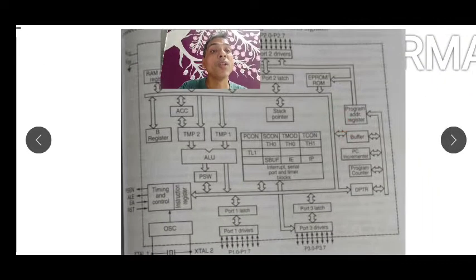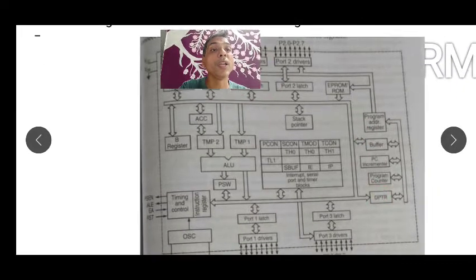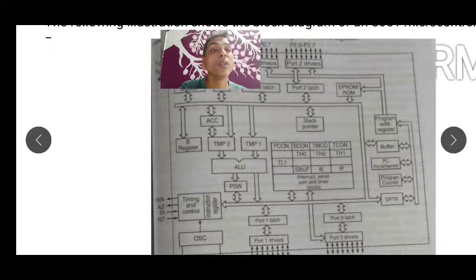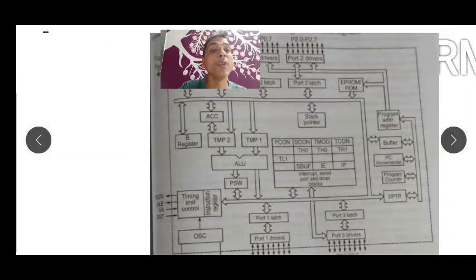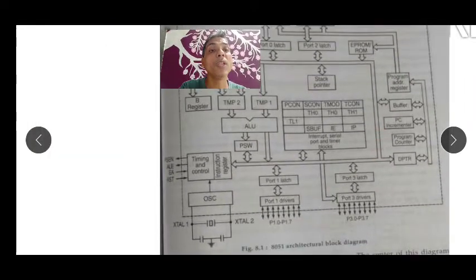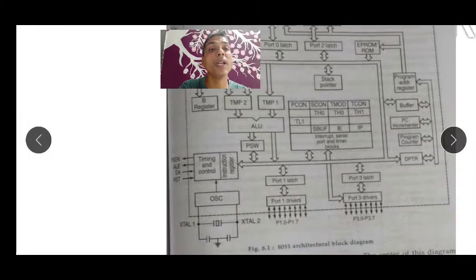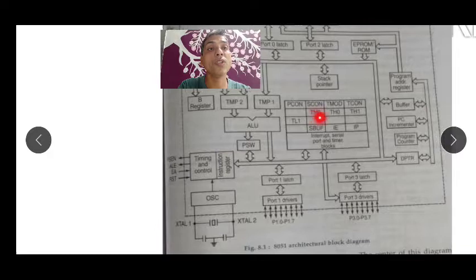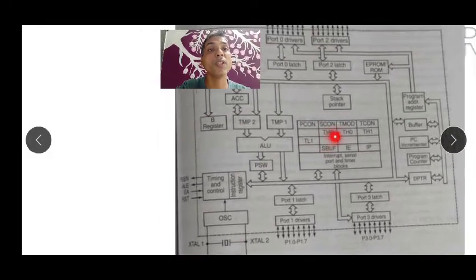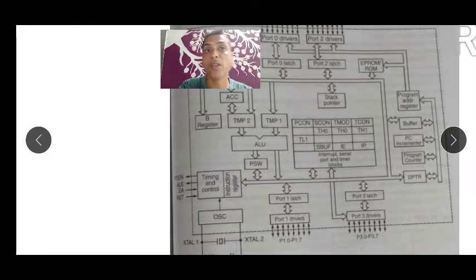Then we have the DPTR, program counter, program counter incrementer, and buffer. So many things are there. This is the 8051 architectural block diagram, the processor of the 8051 microcontroller.